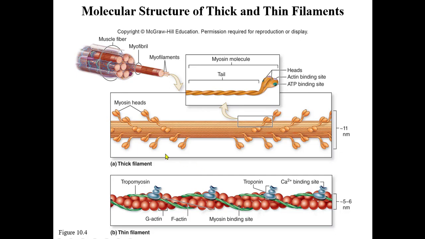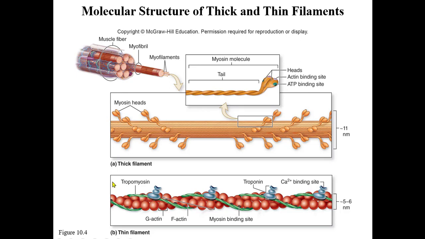Then the other kind of filament that I have as part of myofilament is the thin filament. Now the thin filament is made out of three things. The first thing I see is tropomyosin. I call it the tropomyosin belt. As you can see, it looks like a green colored belt here.